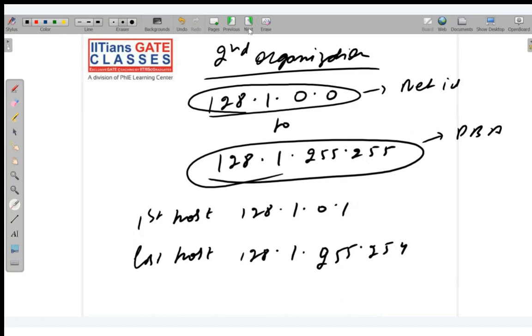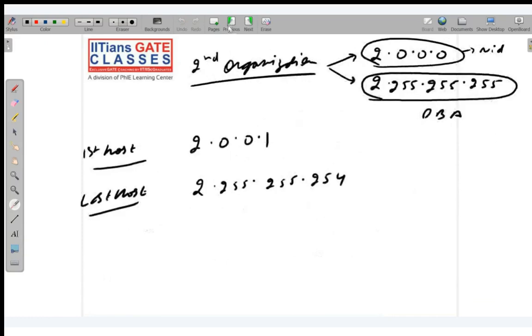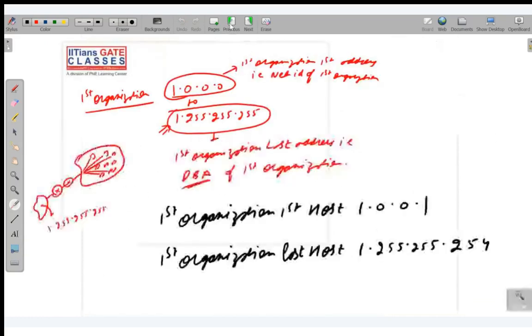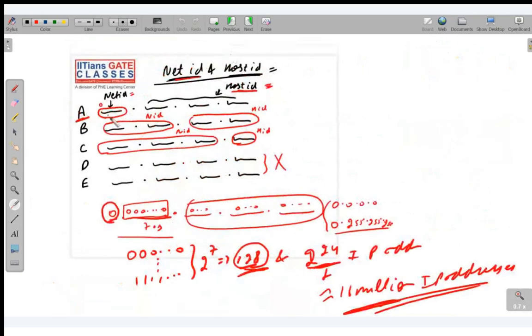So we go to the second organization of class A. See this, for class A, this first octet is for net ID, and these three are for host ID. So when we have done all 255, 255, 255, you add one, you will get 0, 0, 0 here, and here we will add one.